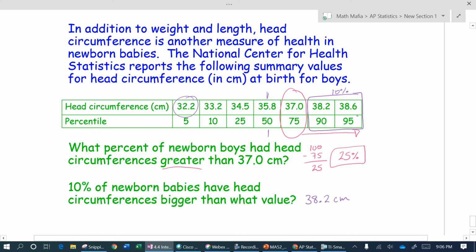Whereas the 95th percentile right here is only 2.8 centimeters above the median. So this suggests that the bottom part of the distribution stretches out more than the top part. So it's going to be a little bit more negatively skewed and might look something like this.